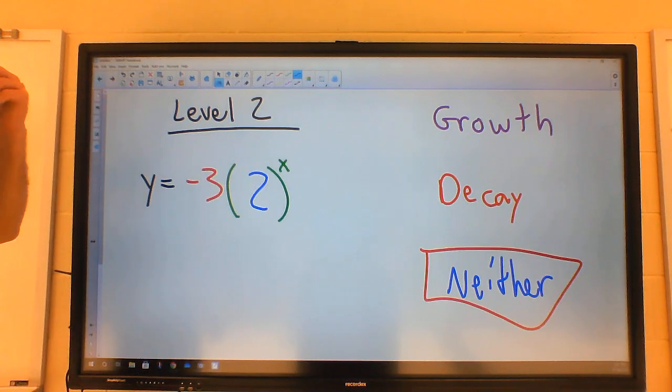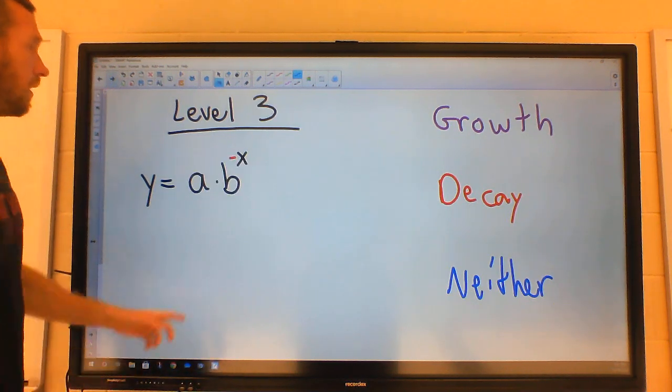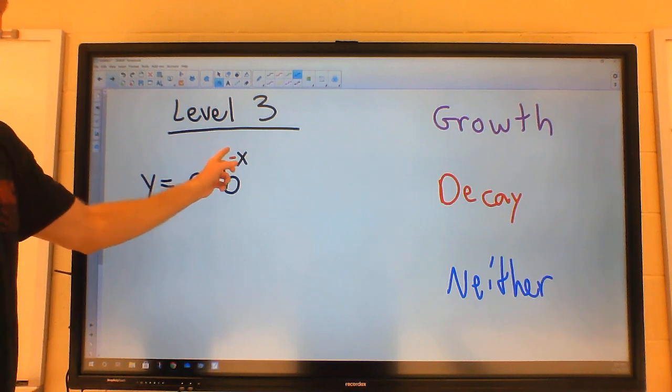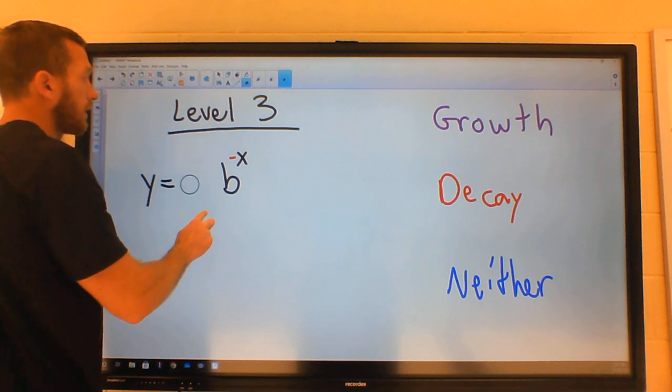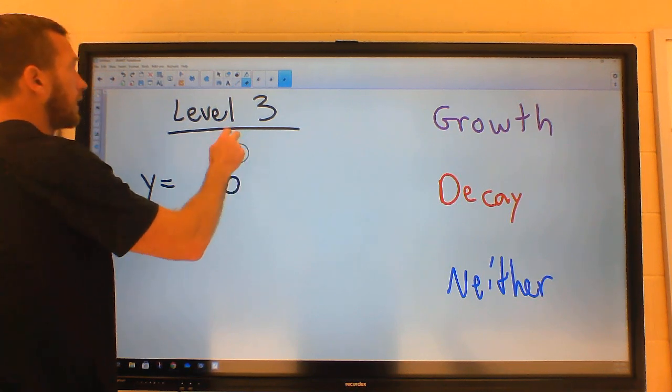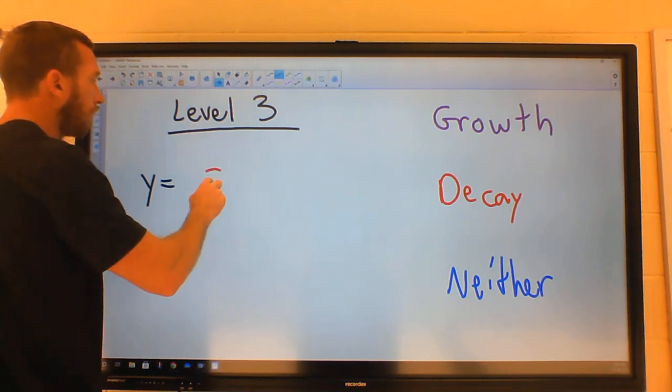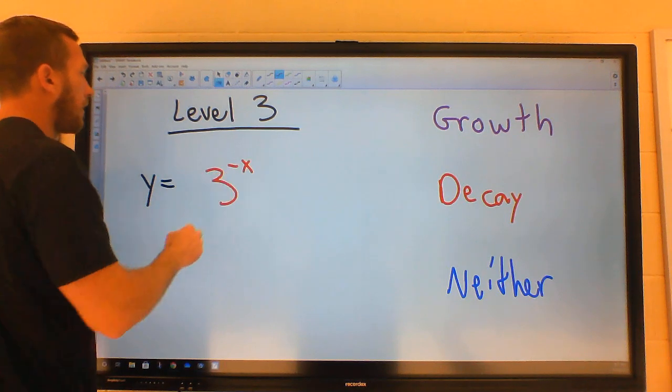So that's level 2. Level 3, when we have a negative exponent, or a negative coefficient for our x, which is an exponent. So here's what I mean. 3 to the negative x power.